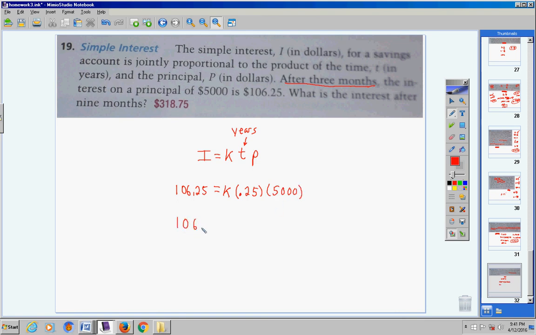First of all, I'm going to multiply 0.25 times 5,000, which is 1,250. Now we're going to divide both sides by 1,250. I'm typing that in now, and I'm getting 0.085. So there's K, 0.085.